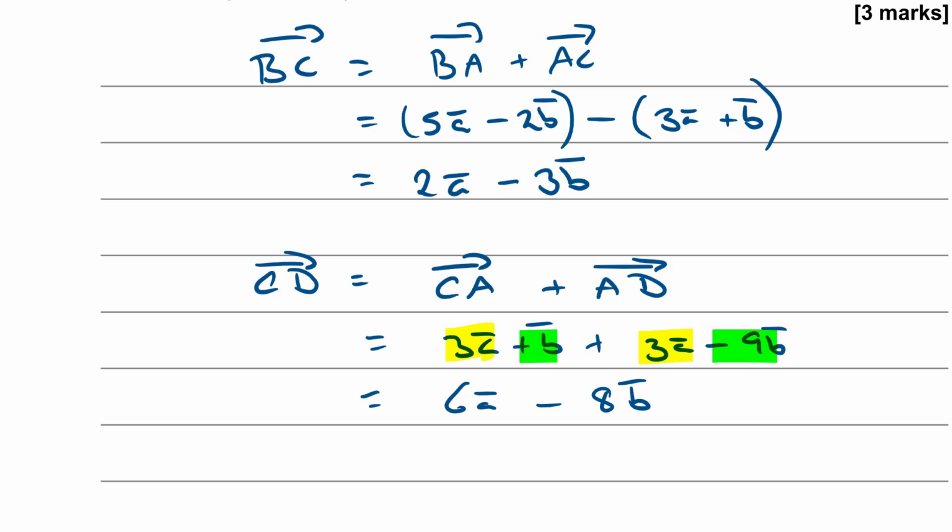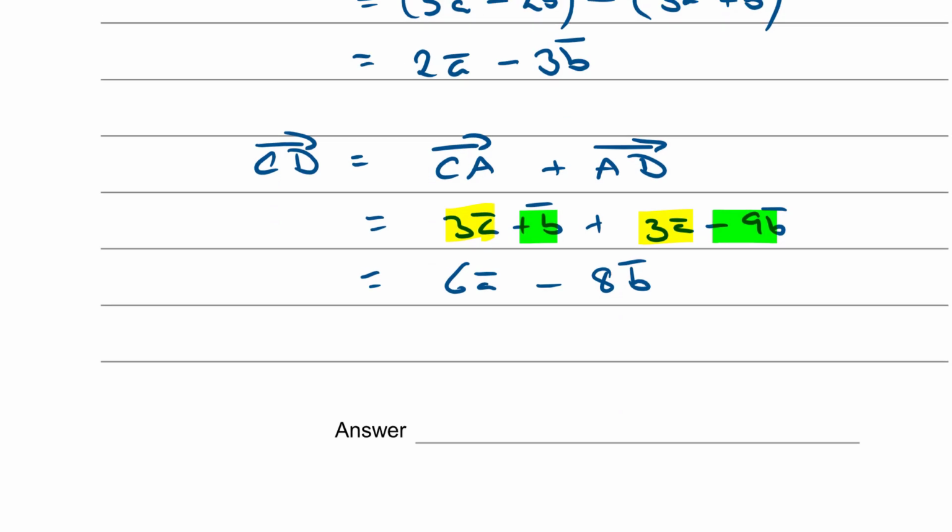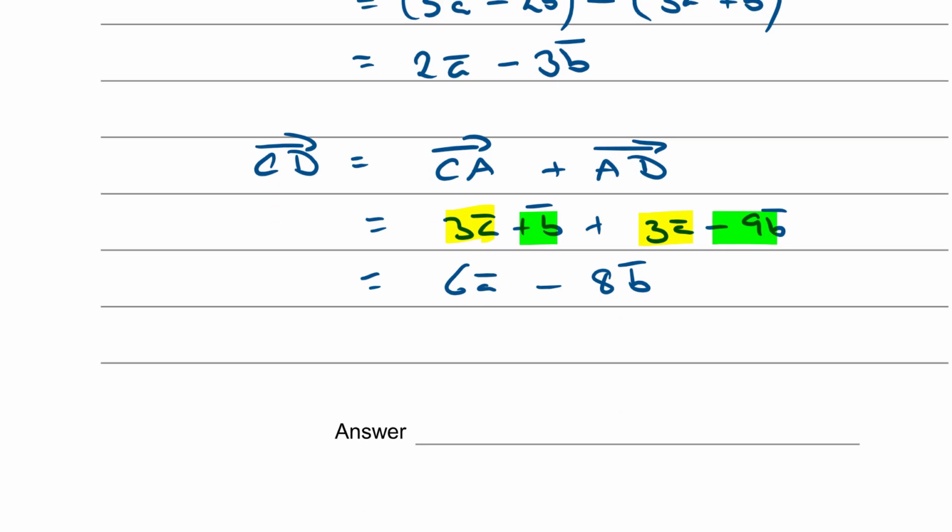Well, are they collinear? Well, I don't think so. So they're not collinear, are they? So B, C, and D are not collinear.